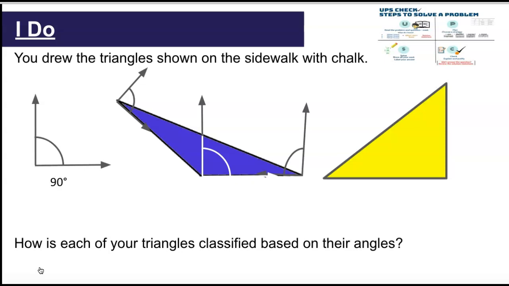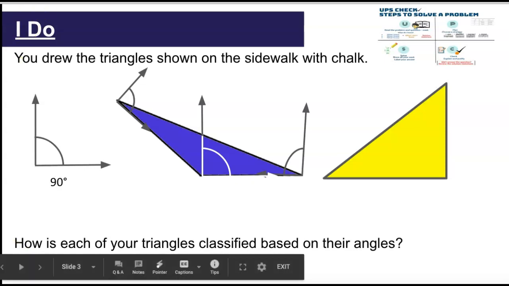So, now that I know the last angle is different from the other two, I am going to label it as an obtuse angle.